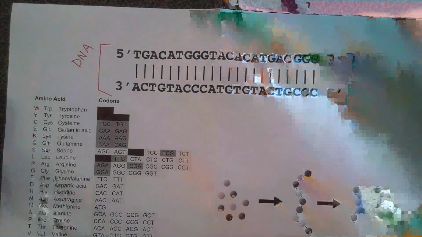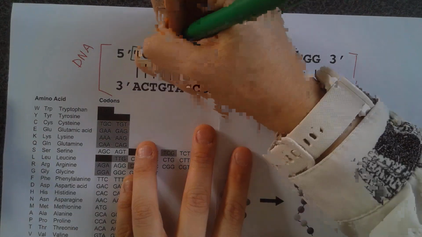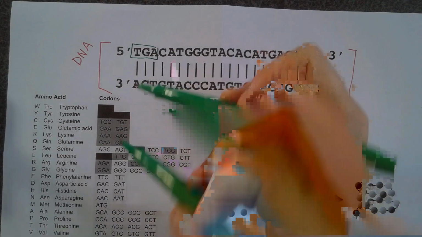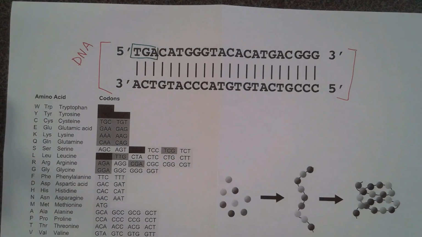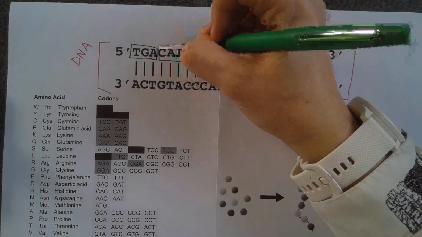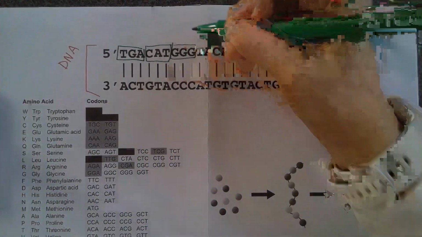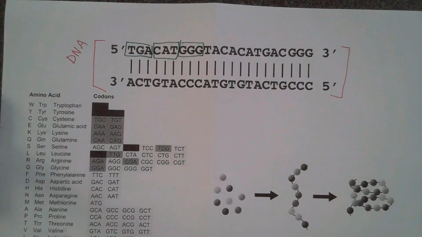When we read this, we read it in a group of 3, and that tells me what amino acid to grab. So we go 3, and then the next one, CAT, and then GGG. Do you see how we're reading it as a set of 3?